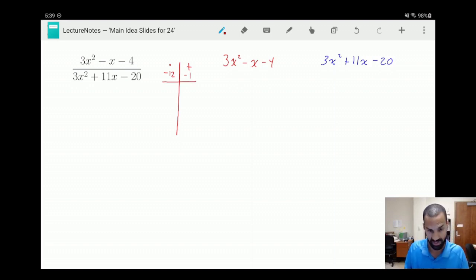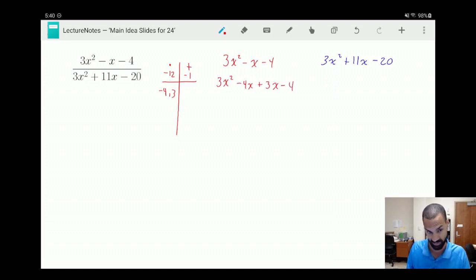I think through my numbers real quick, and I come up with negative 4 and positive 3. Negative 4 times positive 3 is negative 12. Negative 4 plus 3 is negative 1. So I can use the negative 4 and the positive 3 to split this into 4 terms.